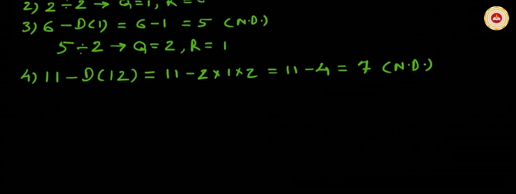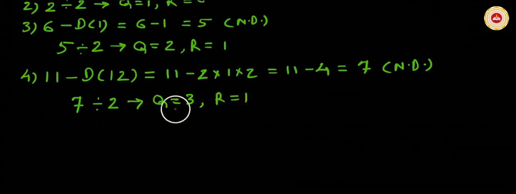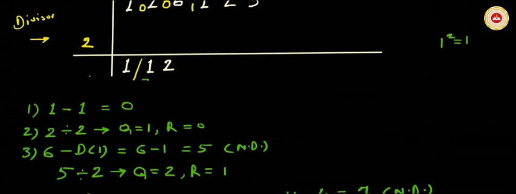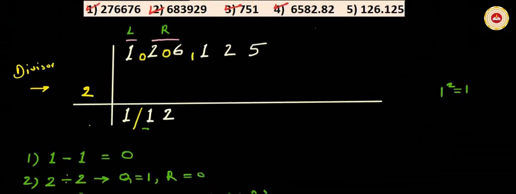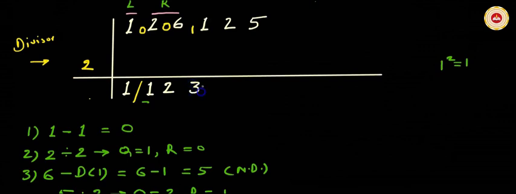Now divide this 7 by the divisor 2, which gives us quotient 3 and remainder 1. Correct? Because 2 3s are 6, 7 minus 6 is equal to 1. So write quotient 3, remainder 1. Okay friends, so this 12, read this as 12.